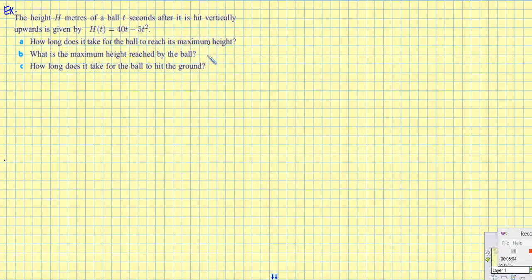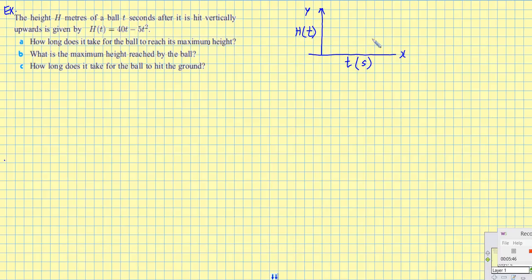Now, before we can do anything with this, I like to visualize what the graph looks like. So what that means is, I know that along the x-axis, I'm going to have the time in seconds, and along the y-axis, I have the height of the ball as it's hit vertically upwards, and the height is h of t.